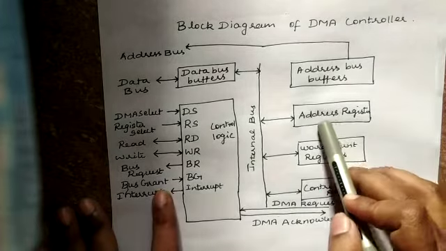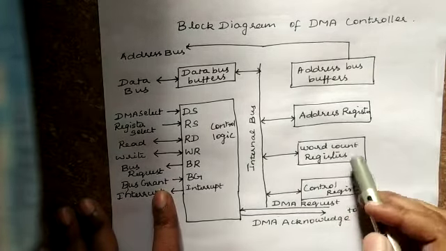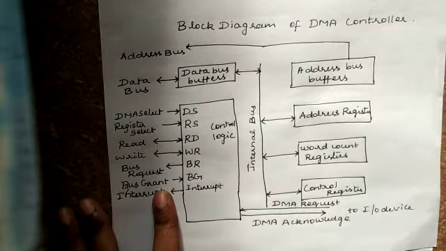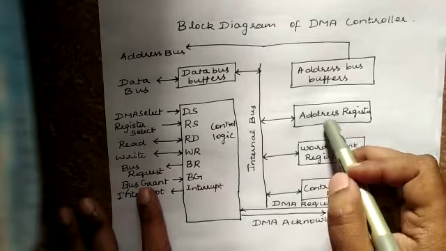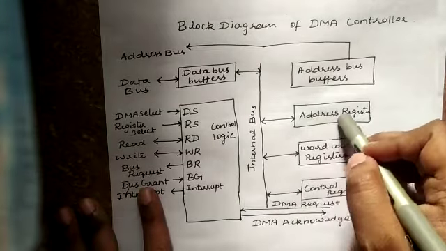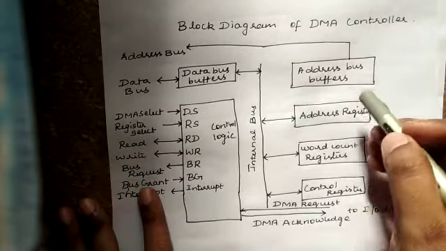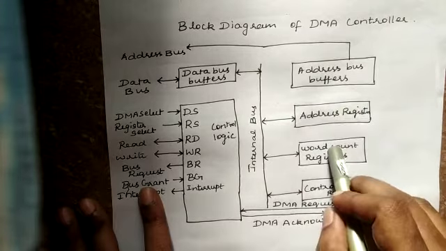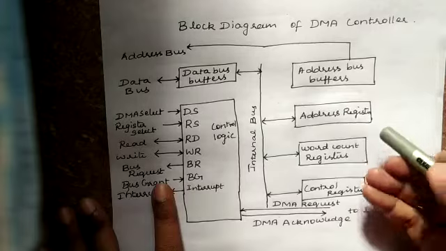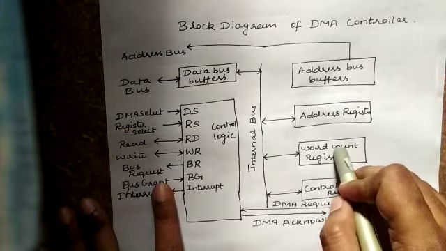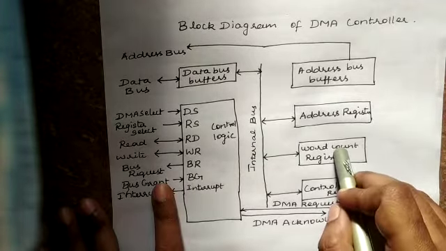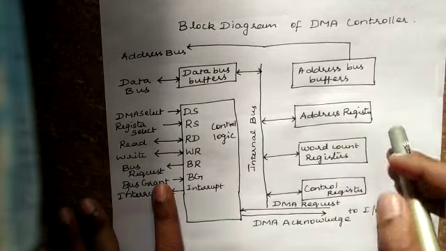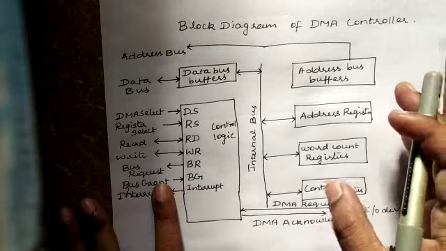Here the address register and word count register will be automatically either incremented or decremented by the DMA. Whenever any data has been transferred to memory, automatically this address register will be incremented by 1. And this word count register will be decremented by 1, because initially it stores the number of words that we are going to transfer into the memory.